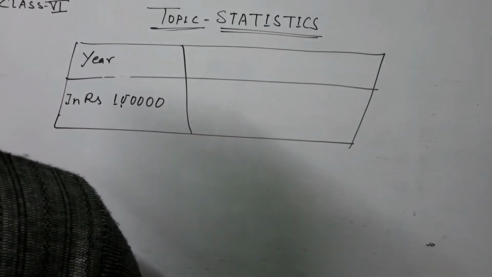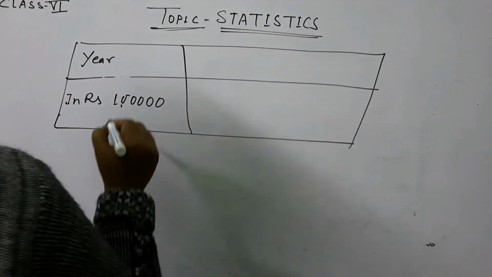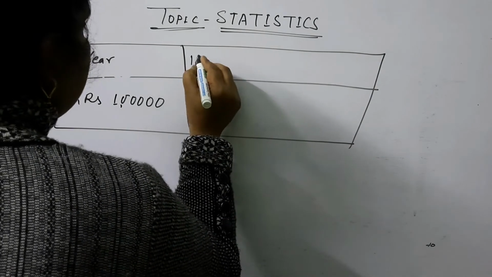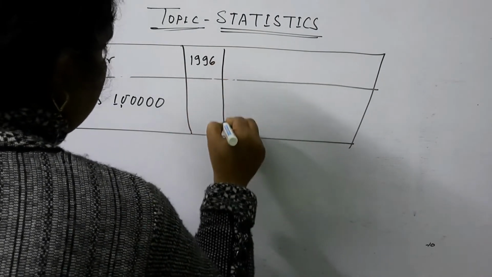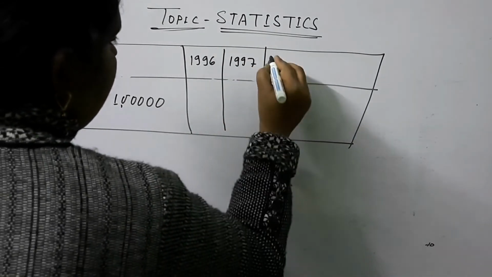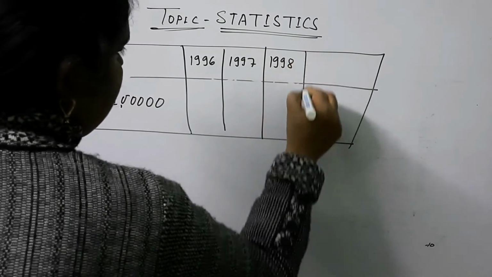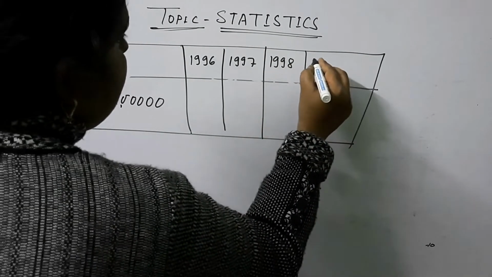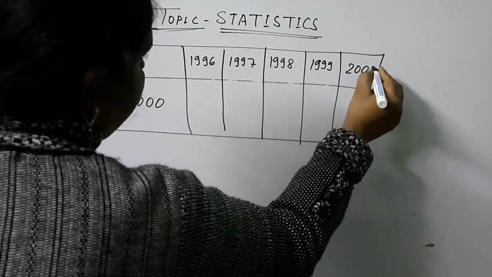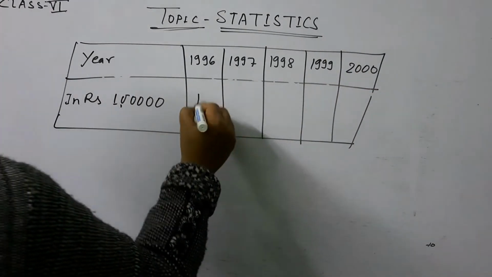Year is given, yearly income is given. Here for year we have to write 1996, 1997, 1998, 1999 and 2000. And this one is 10 lakhs.